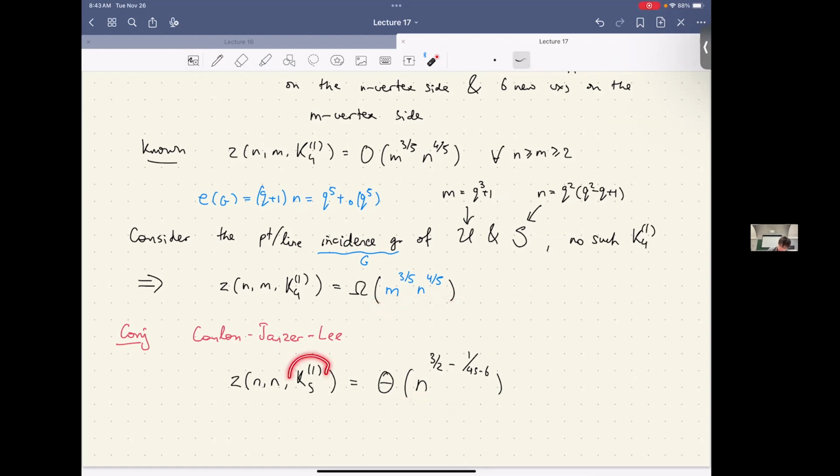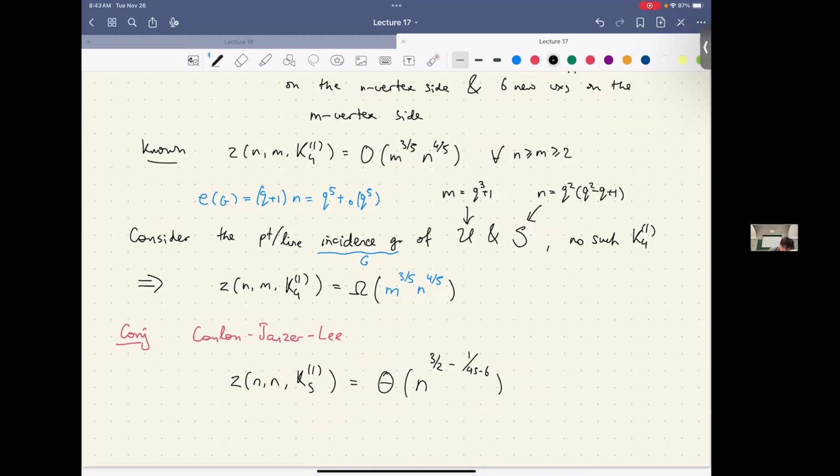But I think for K_s, if we have an asymmetric version when m is polynomial in n, still it will be very useful for deriving off-diagonal Ramsey numbers.